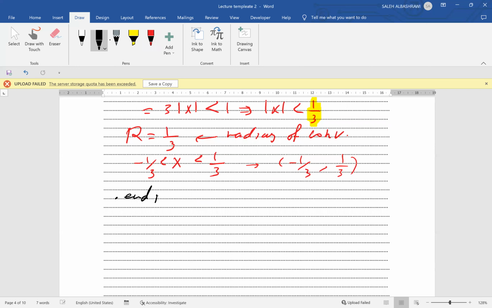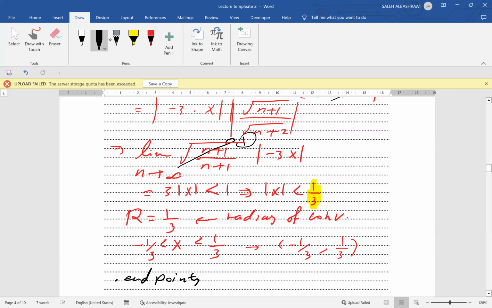As we did before, for some cases, the endpoint is included.